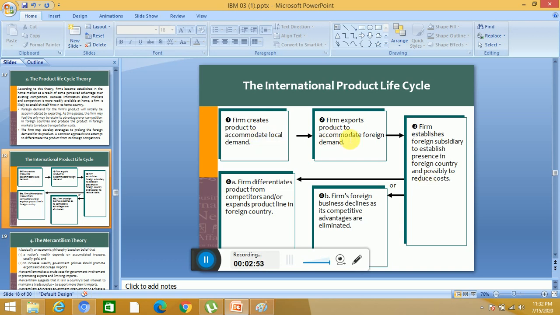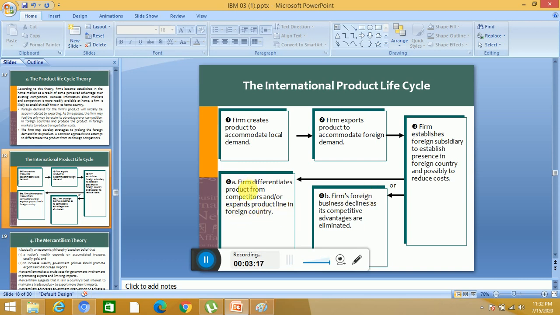So we discussed these three stages in the first class. Now there is 4A and 4B. For 4A, the firm differentiates the product from competitors and expands the product line in the foreign country.